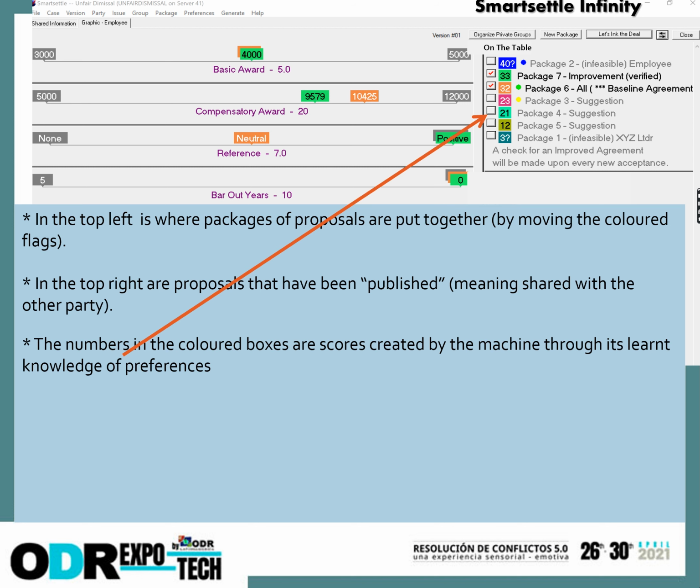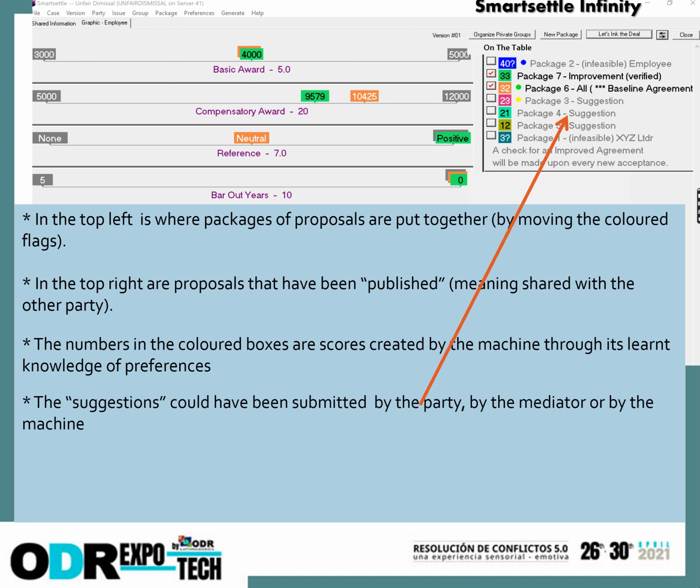But the system receives information from the parties and a negotiator and a mediator, if used in this case, on the level of preferences each party has in these four different elements of the negotiation and resolution, if one is obtained. It takes into account all that it's told, and then also it assesses from the packages that the parties put together.